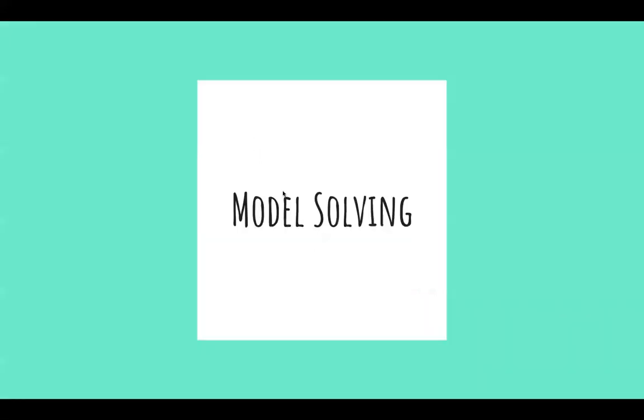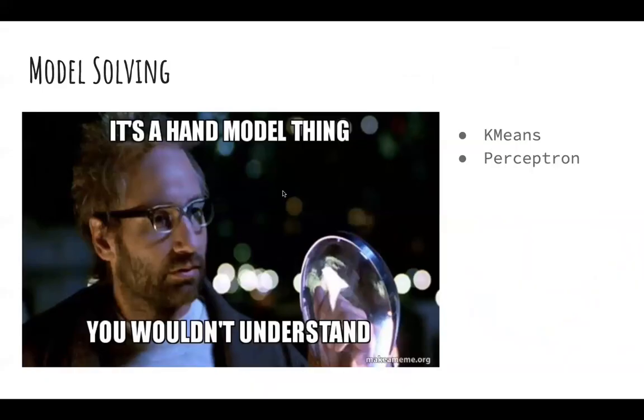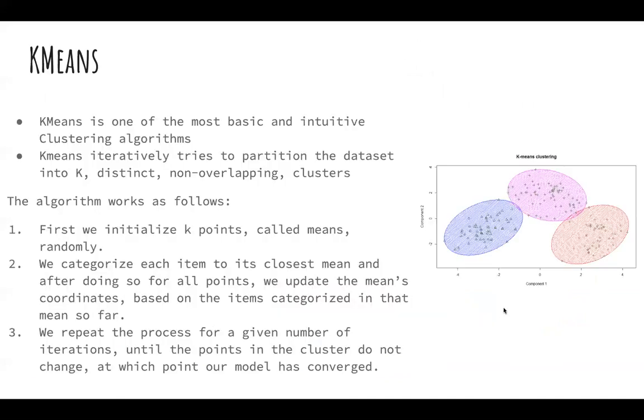Okay, cool. So, getting into model solving. I put up examples of both K-means and Perceptron. We went through the Perceptron one already, so I'll just do the K-means one.